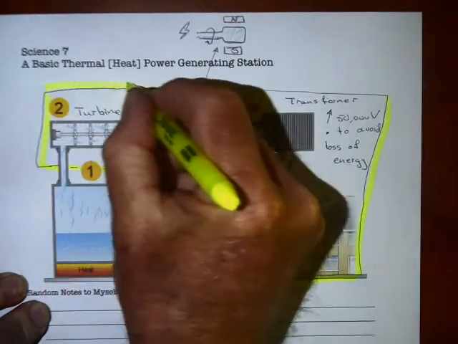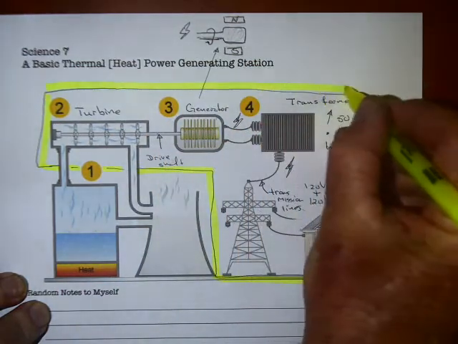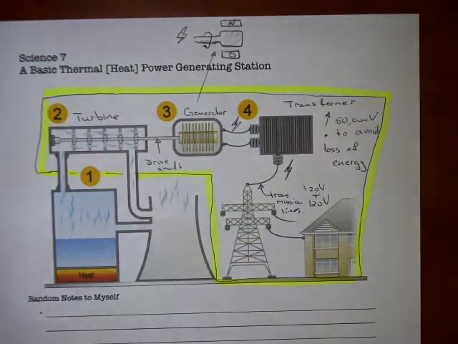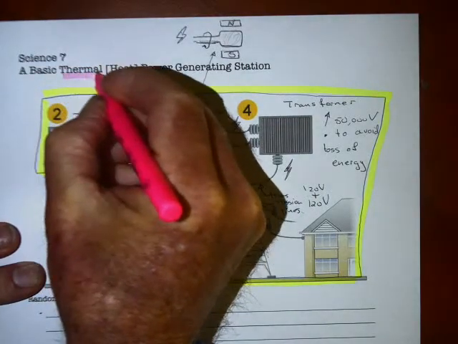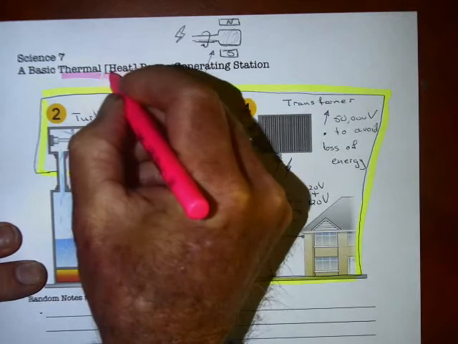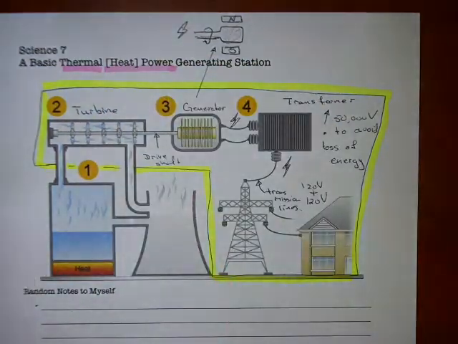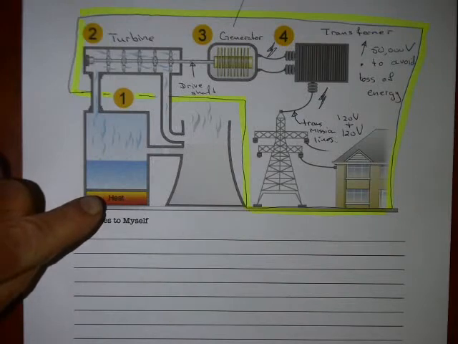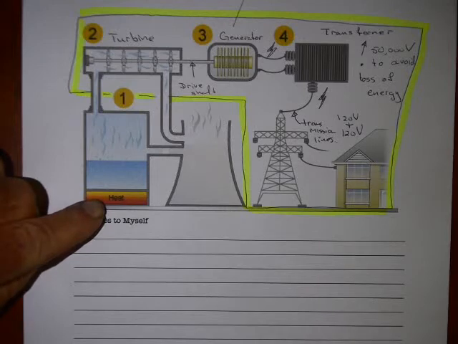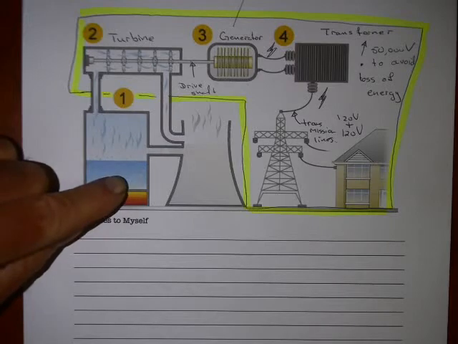Now, if you look at the title of this page, what you'll see is this word here, thermal. And thermal really means heat powered. So how this works is that some heat is applied. There's a couple of different options, but basically we have to have a heat source, and the heat source heats up the water.